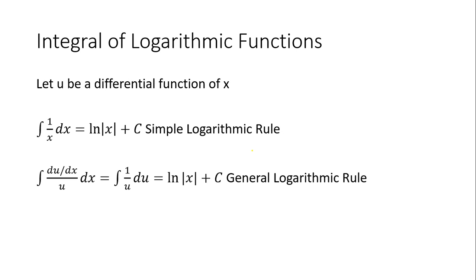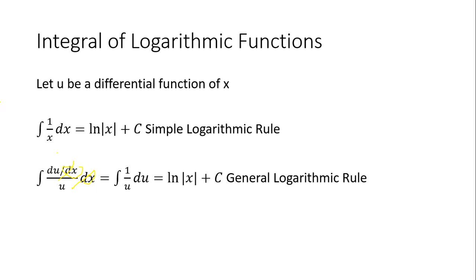So this is the general log rule. We have the derivative of u with respect to x over u, which is equal to 1 over u du. The big thing here is that this dx and then this dx will cancel.